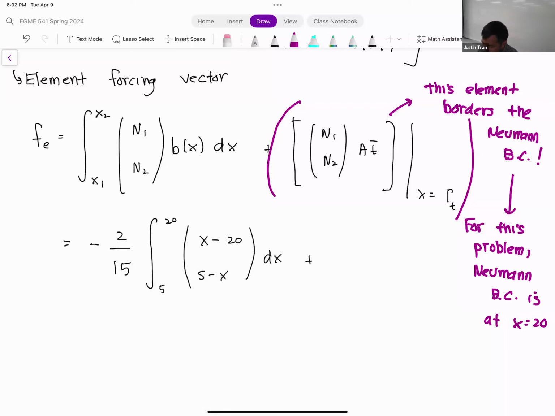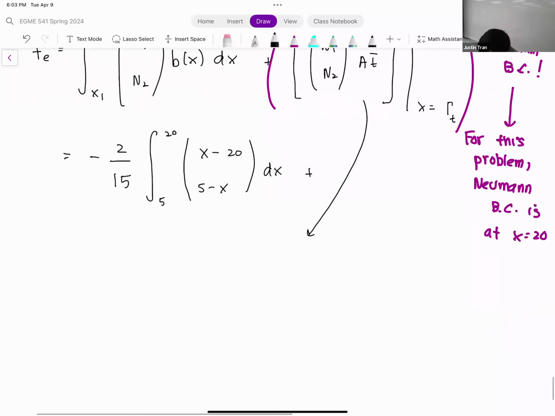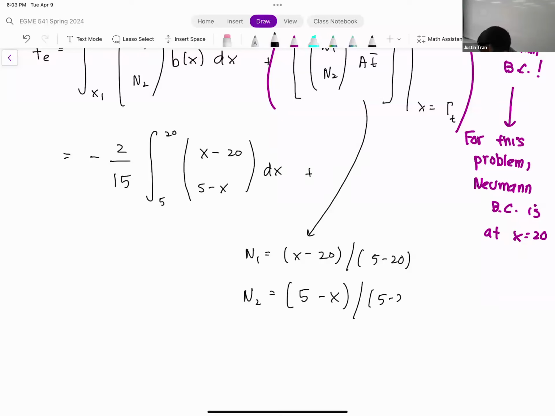Let me show you what I mean. We'll come back to the integral in a second. This part here is important. So we know N1 is equal to x minus 20 divided by 5 minus 20, and N2 is equal to 5 minus x divided by 5 minus 20.